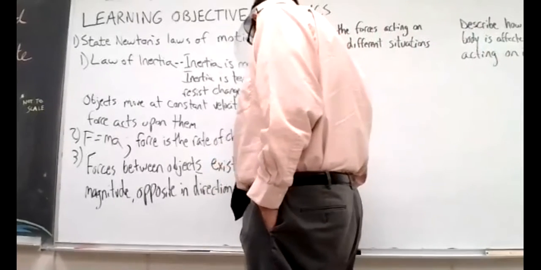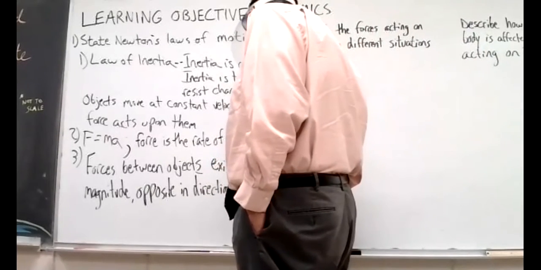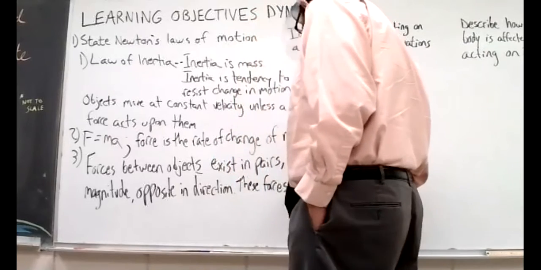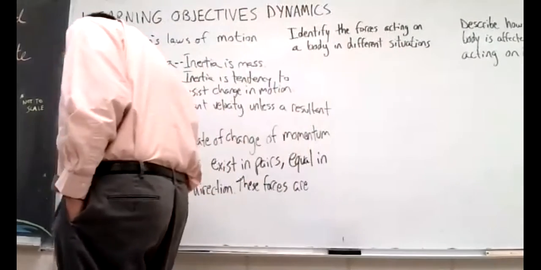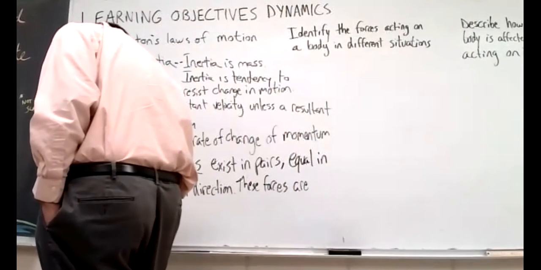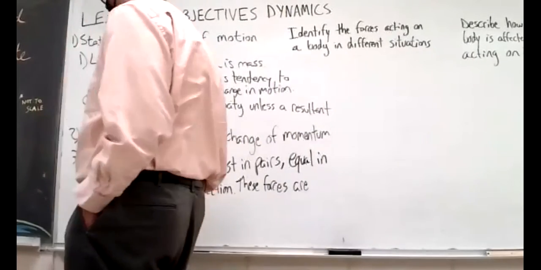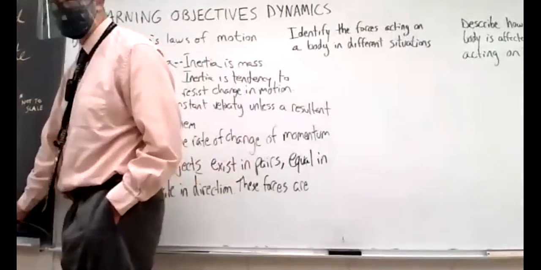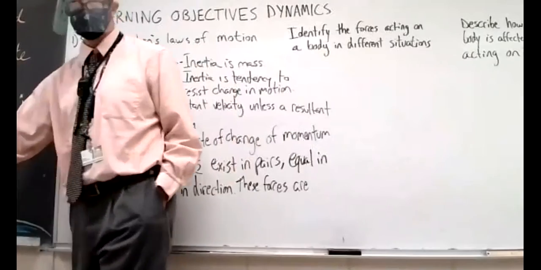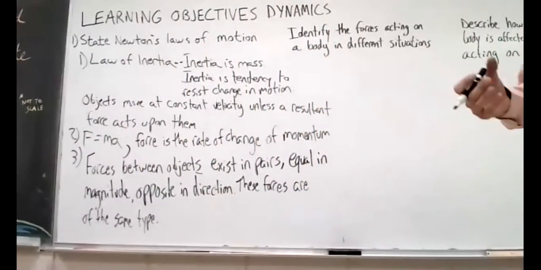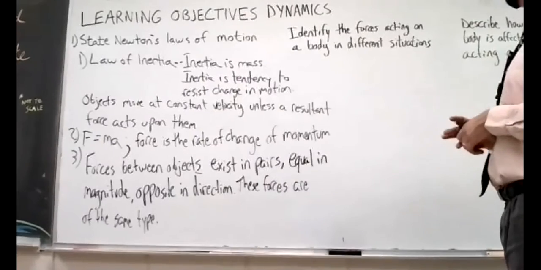And these forces are of the same type. So a gravity force is paired with another gravity force. A contact force is another contact force in another object. A nuclear force is another nuclear force. Of the same type.